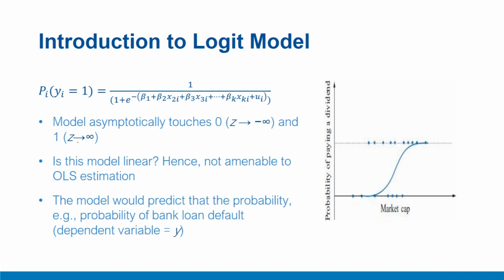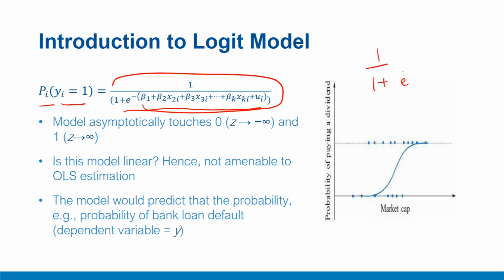Let's discuss some of the properties of this logit function, which is the probability of yi being 1 in this expression, where this part is zi. So it is 1 upon 1 plus e to the power minus zi. Now let's look at the asymptotic values when zi tends to plus infinity and to minus infinity. If it is tending to plus infinity, this value will become 0, and the overall function, the cumulative logistic distribution function, will approach a value of 1.